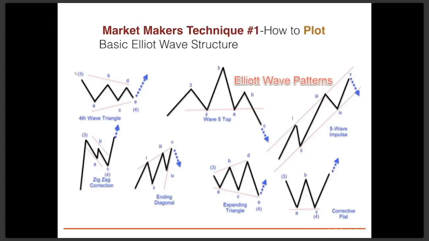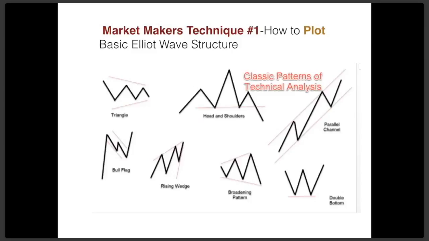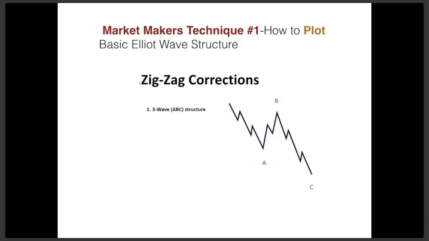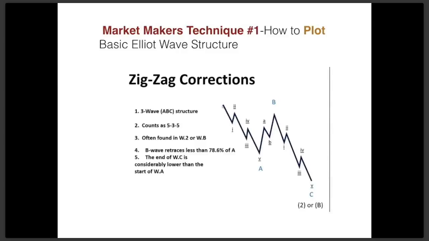All right, so again, you might have read those technical patterns, and if we apply a wave, it gives you a much clearer context of where the market is heading, right? And let's dive into a zigzag pattern. A zigzag pattern is where we can find an ABC pattern with a 3-wave ABC structure, right?